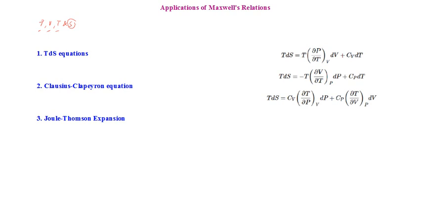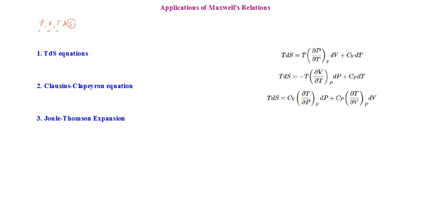Similarly, whenever we discuss phase changes, which are introduced as first order phase transitions, for example conversion of liquid water into steam or conversion of ice into liquid water, where some sort of latent heat is involved, then the use of Maxwell relations results in another seminal equation in thermodynamics, which is known as the Clausius-Clapeyron equation.